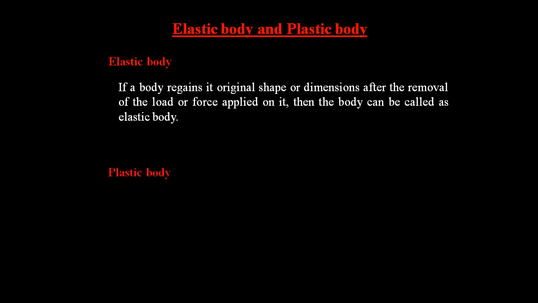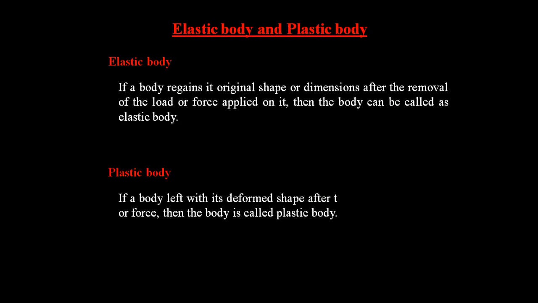Next, plastic body. What do you mean by plastic body? Again, try to read the definition here. If a body is left with its deformed shape after the removal of the load or force, then the body is called a plastic body. So plastic body is opposite to the elastic body. Again, after the application of the force, the body can undergo deformation.